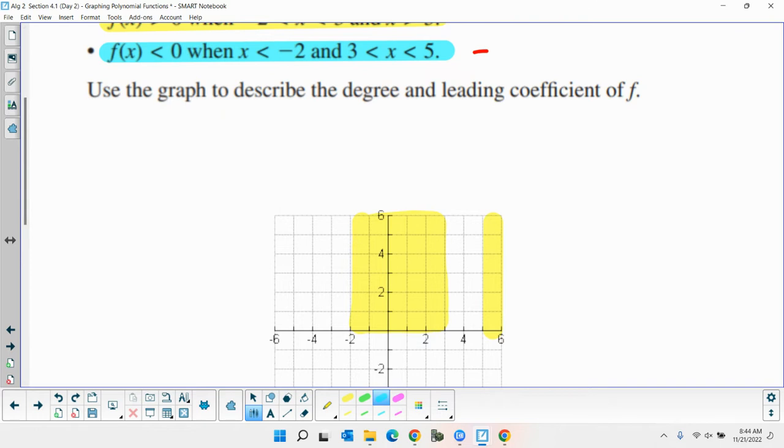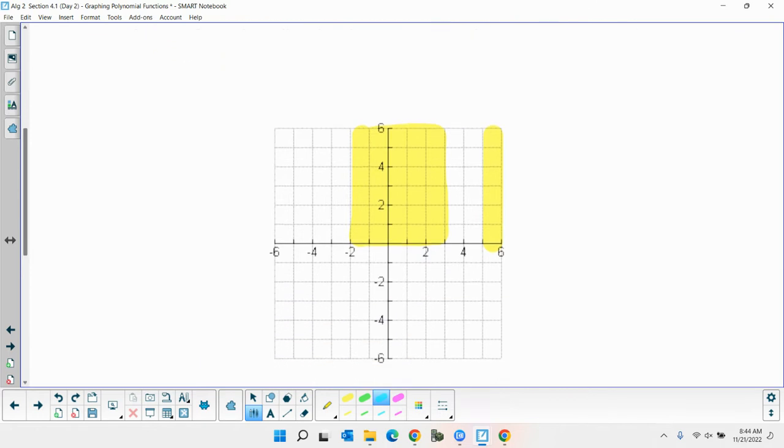Less than -2, this area. And in between 3 and 5. Okay, so the yellow is where it's going to be positive, and the blue is where it's going to be negative.